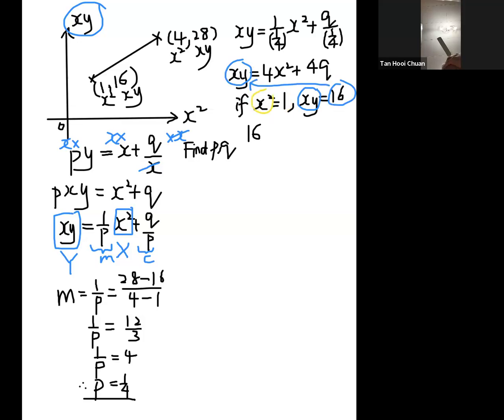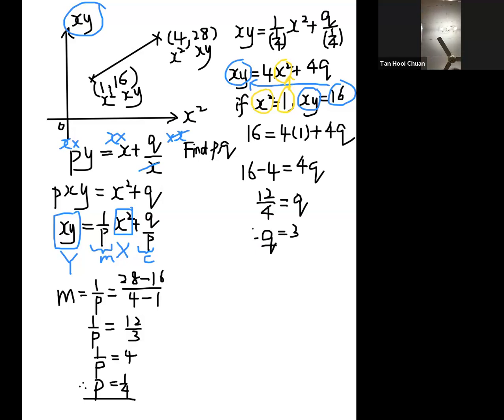So 16 equal to 4 times 1 plus 4q. 16 minus 4 equal to 4q. 12 over 4, q equal to 3. Okay, this is the answer. Any questions? This is the first method.